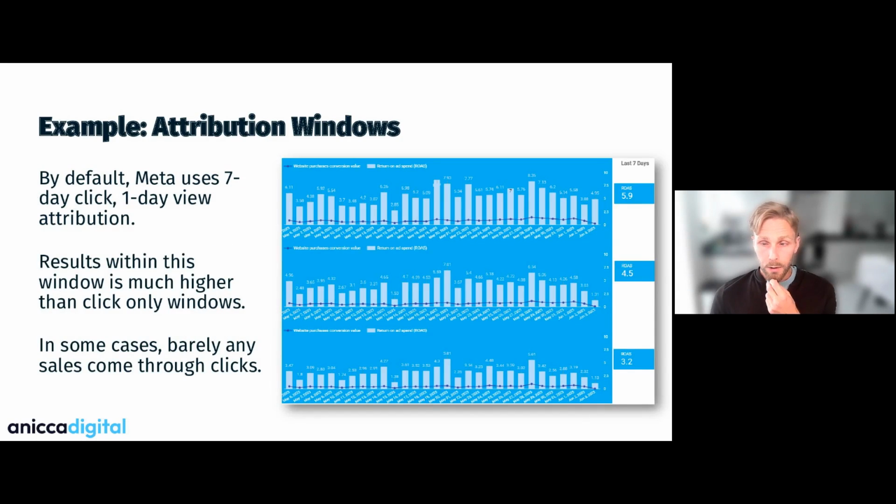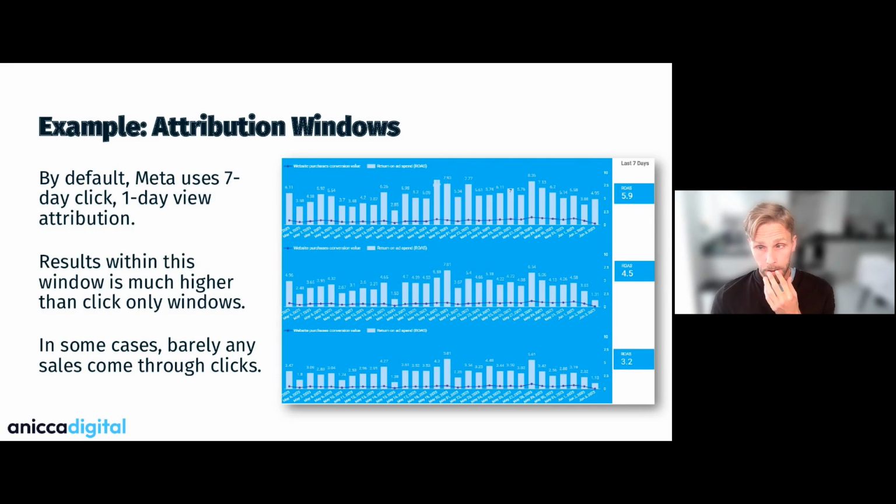So I'll give an example of attribution windows. This is from a report that we have, and it demonstrates how much of a difference those attribution windows can make. On the top, we've got the largest attribution window, the default one, which is 7-day click, 1-day view.